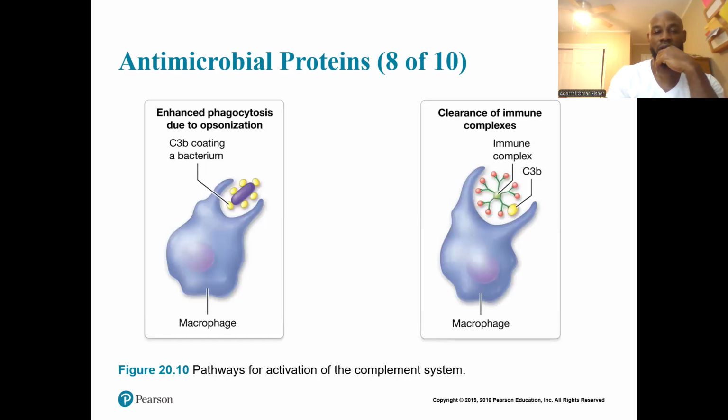Okay, so the complement proteins bind to this bacteria, and the macrophages are more likely to ingest it. Or the complement protein binds to this immune complex, this virus or something like that, and makes it more likely for the macrophage again to bring it in and destroy it.